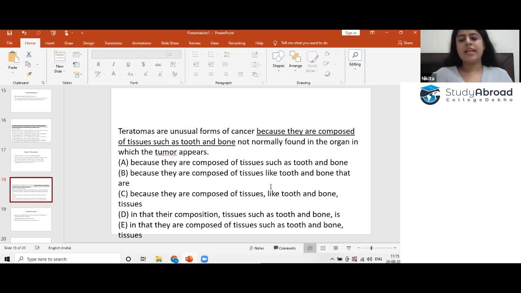Now, let me tell you the concept over here, guys. On GMAT, such as is like an example that you are giving, and like is the liking. So I say I like playing football. Like is the liking factor, and for examples we use such as.